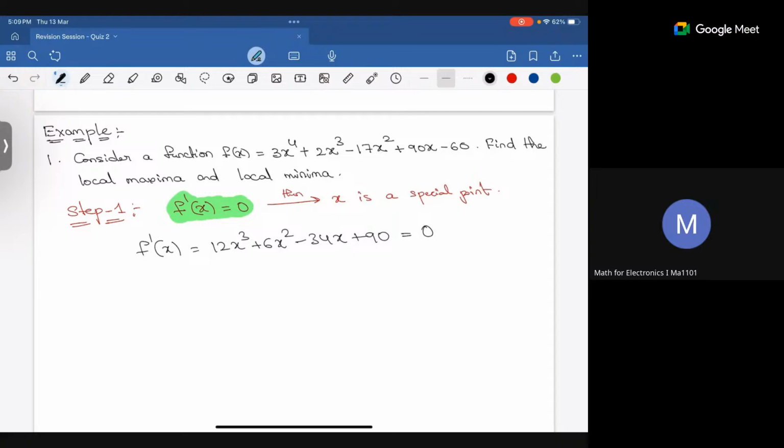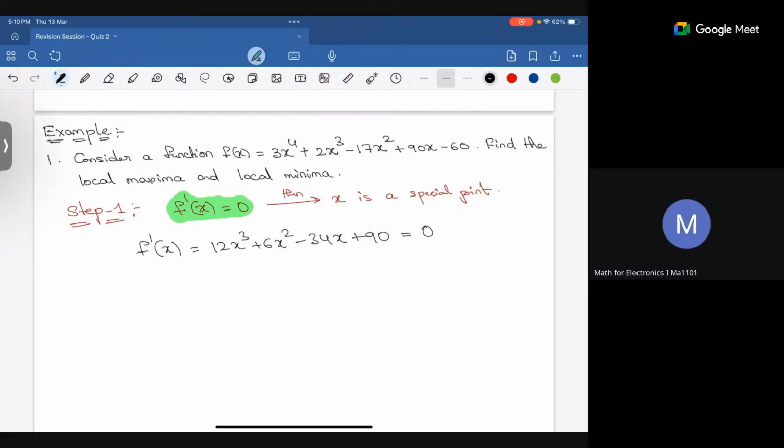Now how can I solve this cubic polynomial? For cubic polynomials, you have to guess the first root. You just have to substitute x equals 0, then x equals 1, x equals minus 1, x equals 2, x equals minus 2, and so on. If we are lucky, then we might get our first root to be one of these 5 points.